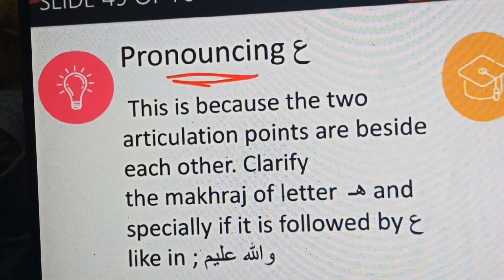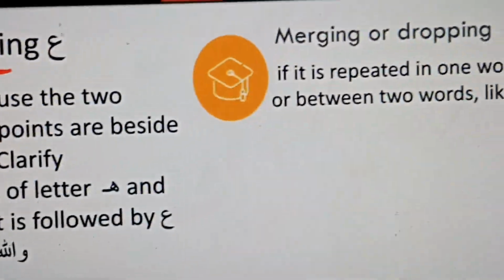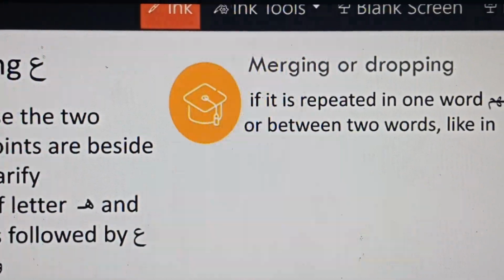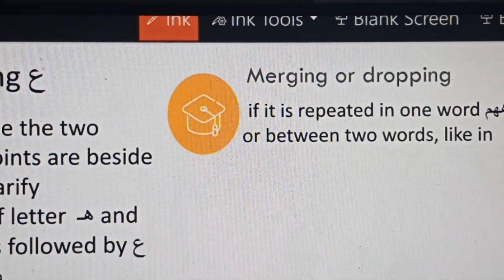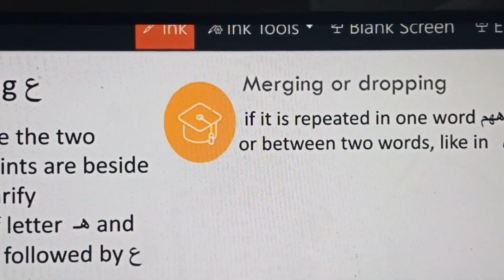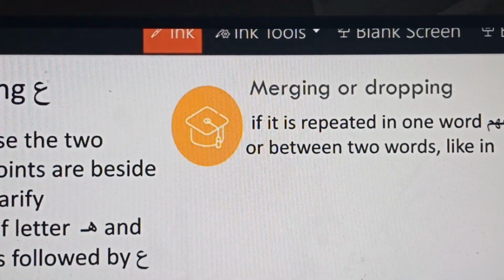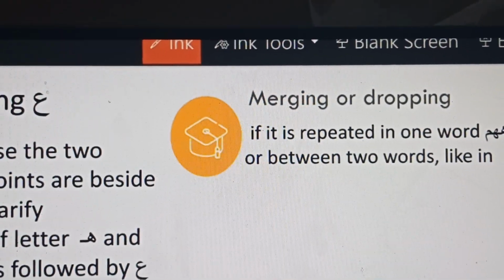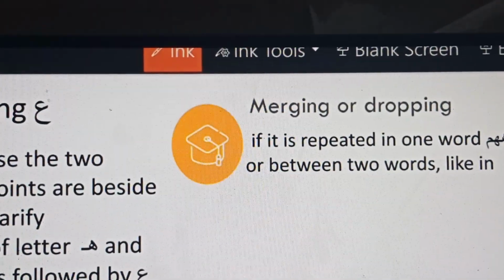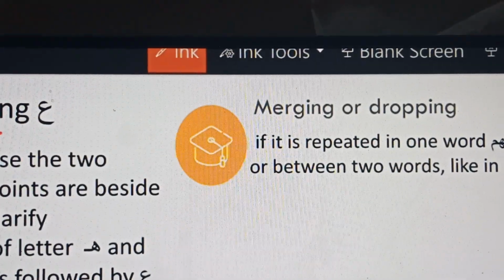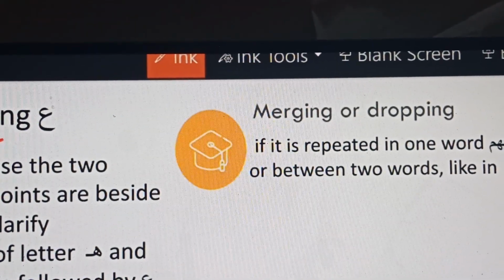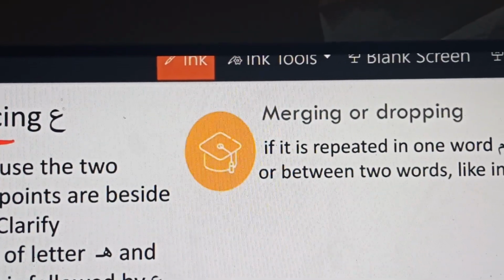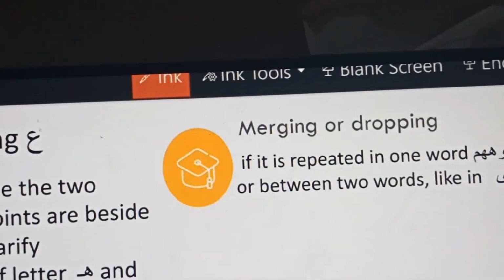Okay, the last one is merging and dropping. Like merging the ha sound or dropping the sound, especially when we have two ha after each other within the same word, like wujuhuhum.